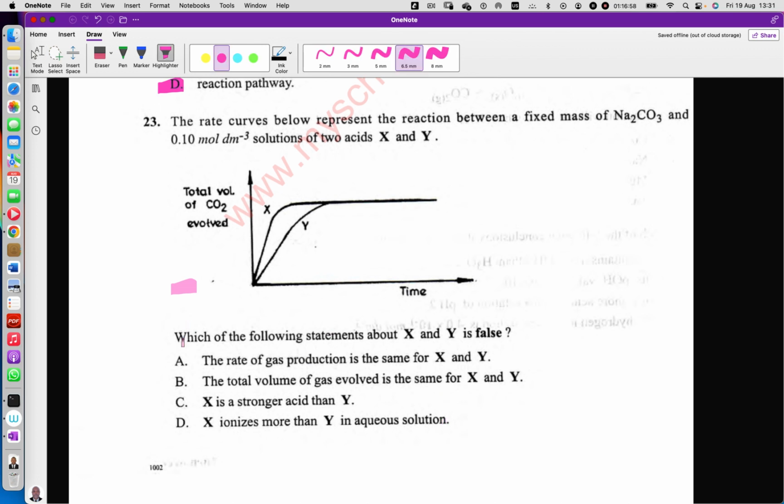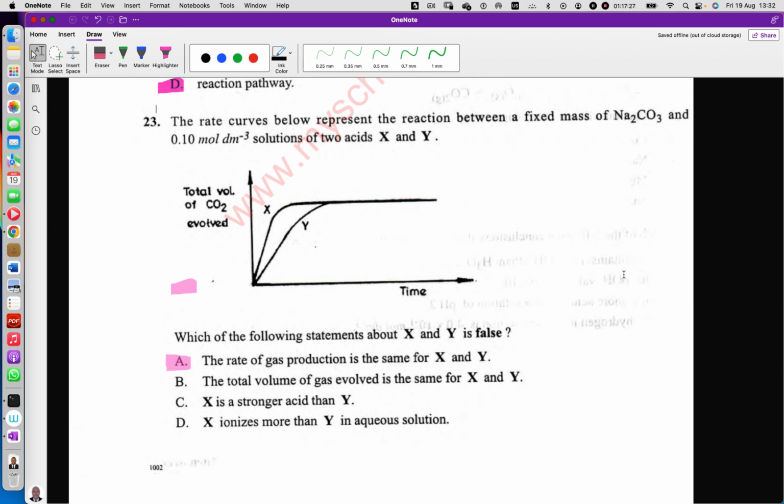So in that case, the false statement about X and Y is A. A is false. So the answer here is A.